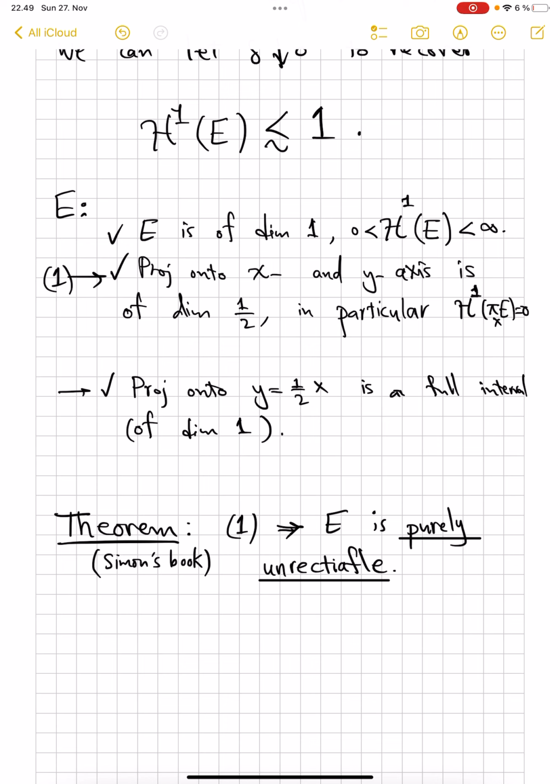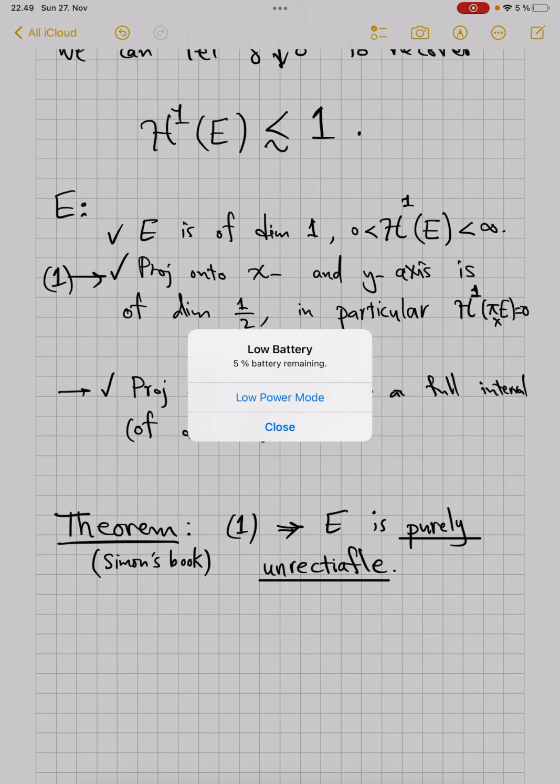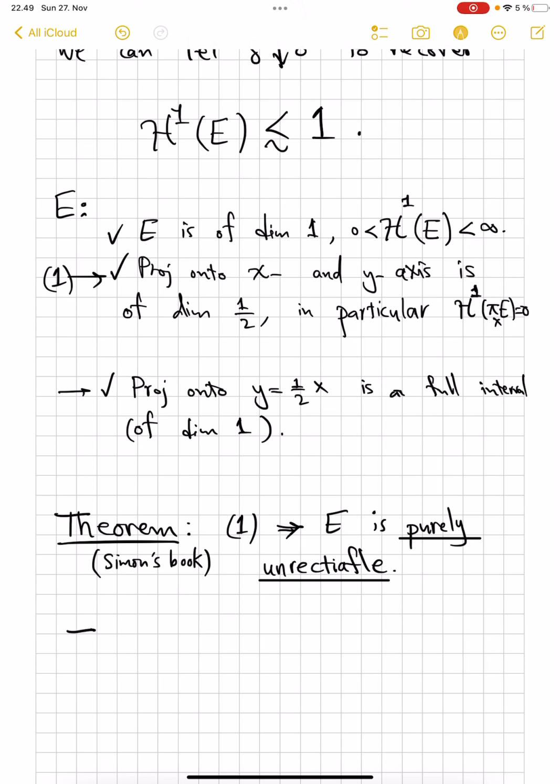And in particular, it implies that projection of E onto almost every line, we can make this precise by parameterizing the collection of lines in R2 by the unit circle. So every line is completely determined by a point on the unit circle, giving its slope basically.